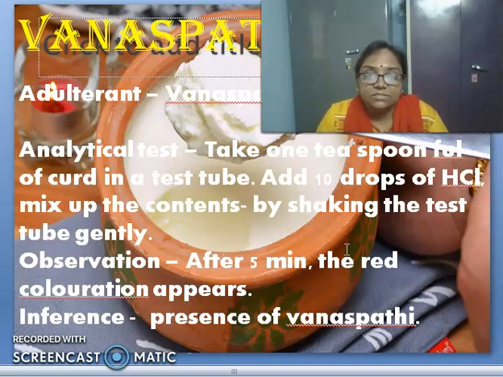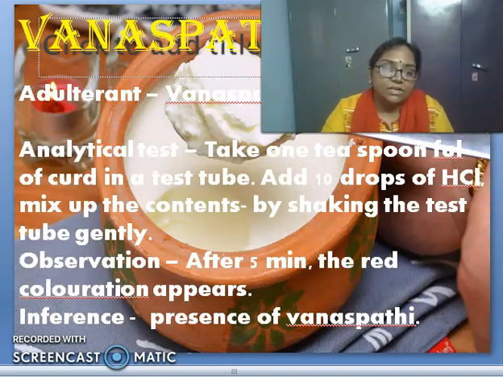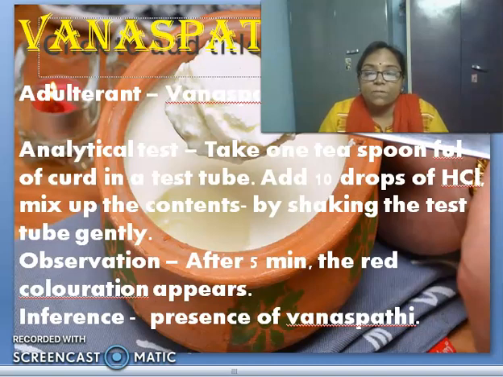That HCl has to be mixed thoroughly by shaking the test tube gently, and after the fifth minute you will see a red coloration. There will be a formation of red color in the test tube. That indicates the presence of vanaspati in that particular curd. So this is how we detect the presence of adulterants in both solid food items as well as liquid food items.